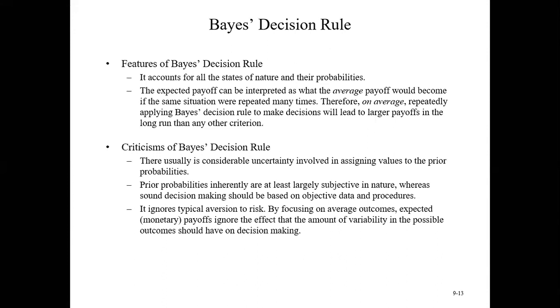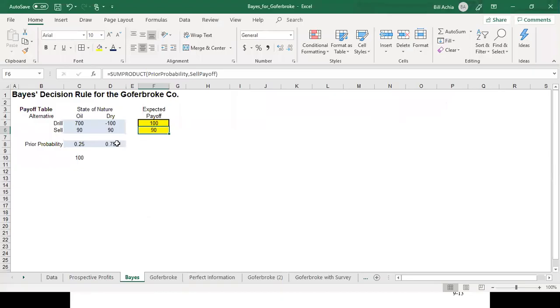Okay. There was something else that I wanted to mention here, which I might have forgotten. The criticisms. When you look at the Bayesian decision rule, remember that these prior probabilities that we have here are subjective. It depends on the geologist, in this case, saying, I think there's a 25% chance that we'll get oil.